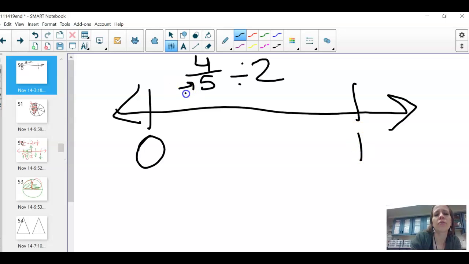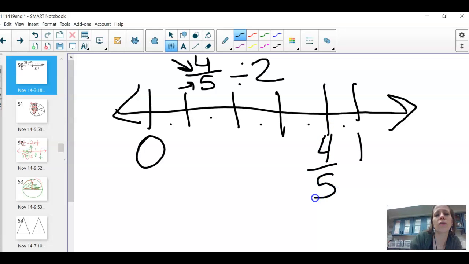I'm going to make 5 spaces. 1, 2, 3, 4, 5. I'm going to start with 4/5. 4 is divisible by 2. 4 divided by 2 is 2. So I want 1, 2.